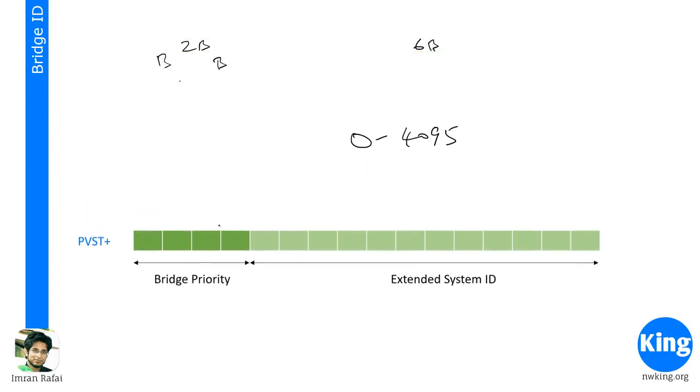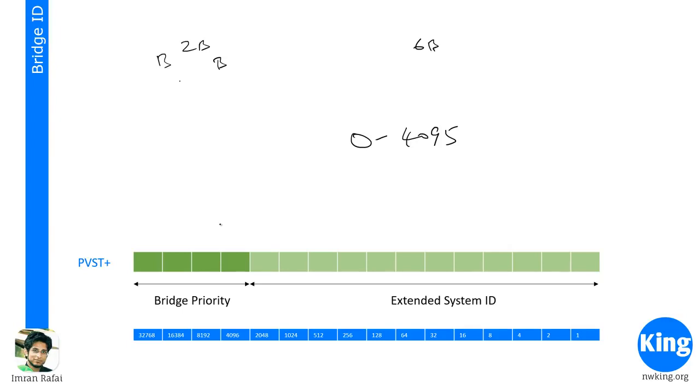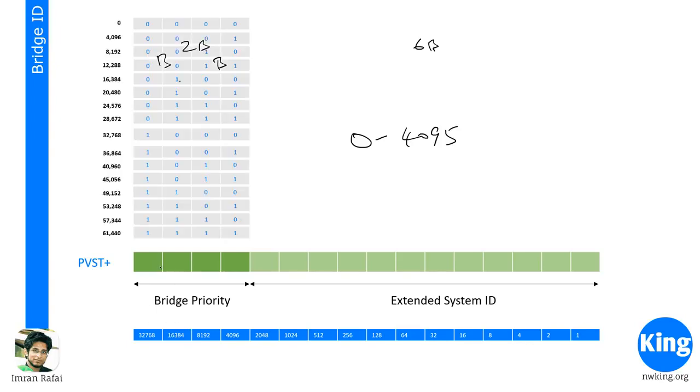Now if you know binary arithmetic, and if you look at our magic table, these 4 bits have a place value of 4096, 8192, 16384 and 32768, right? So that has 16 combinations. Each of these could be all 0, so the priority becomes 0, or it could be 0001, and if you add the place value, that's 4096, so that would have a priority of 4096.